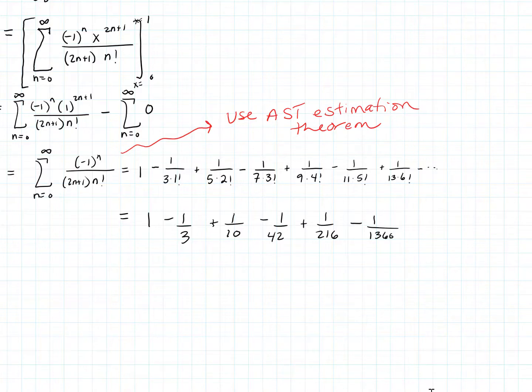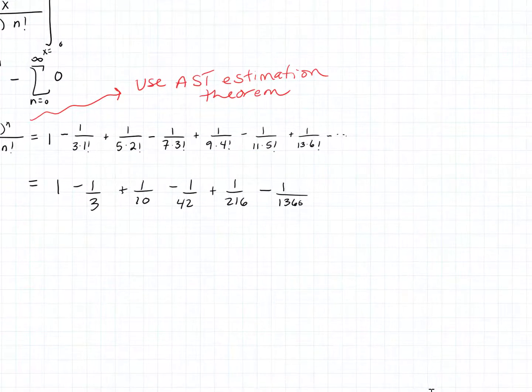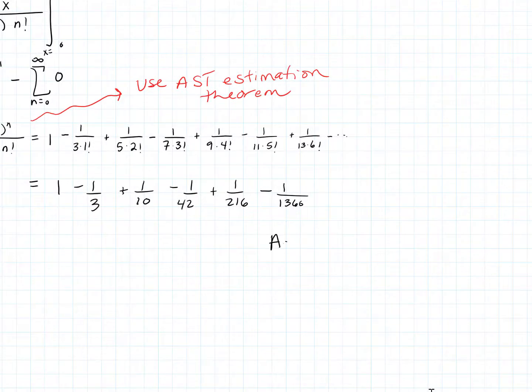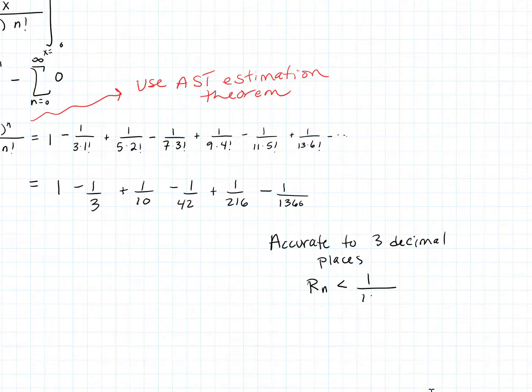So remember, we wanted to be accurate to 3 decimal places, which means we wanted our remainder to be less than 1 over 1,000.